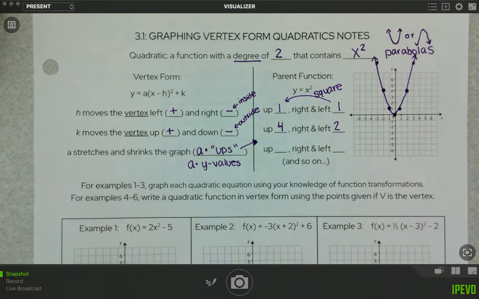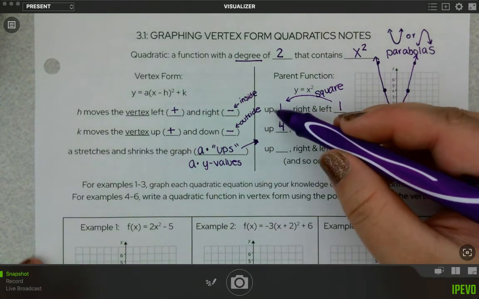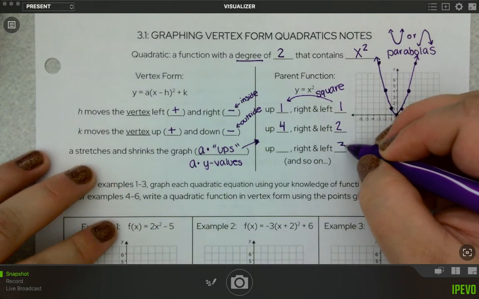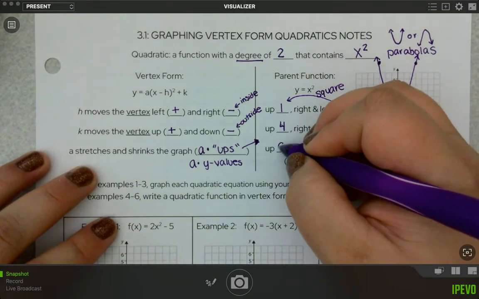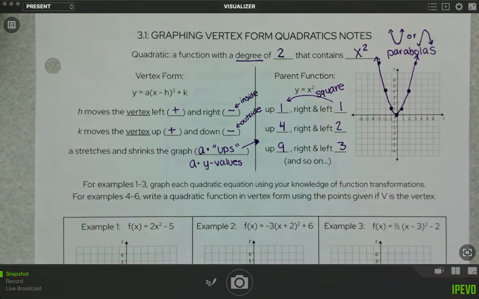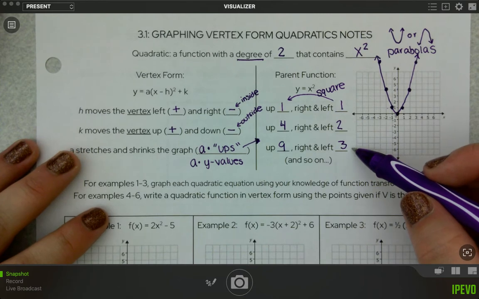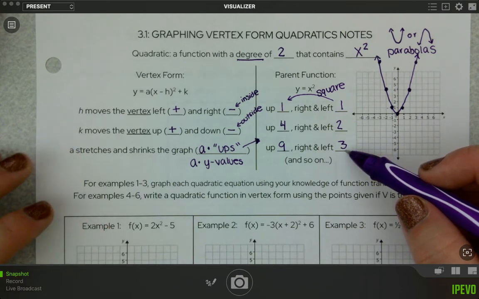So if you're not sure how many to go up, go to the next x value. So if we went over 1, that's up 1 because 1 squared is 1. Then we go over 2, then we're going to go over 3. 3 squared is 9, so we'd be going up 9 over 3. But again, this last one isn't going to fit on your graph all the time. There's only a few instances in which we will use it.